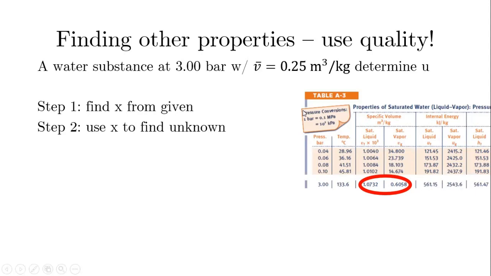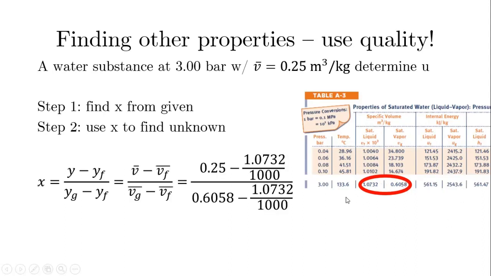So again, if I give you V is 0.6058, that means it's 100% vapor. If it's 100% vapor, I can say directly that the internal energy of that system is this, because this corresponds to 100% vapor. If I told you that the specific volume was this, that means that the internal energy would be this. But because it's somewhere in the middle, whatever distance between these two it is, the same thing here on a relative scale. So let's do that.